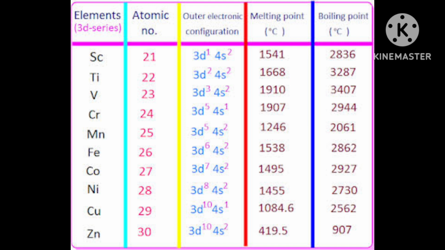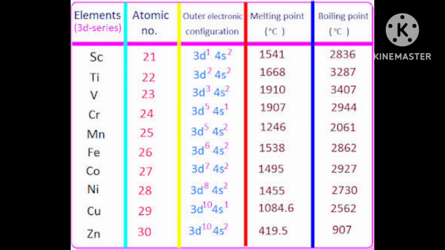And iron, Fe, is BCC, body centered cubic, and also exists in HCP. And cobalt is CCP, cubic close packed lattice.